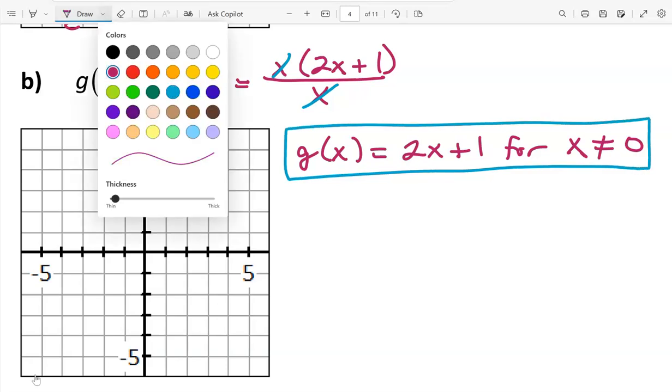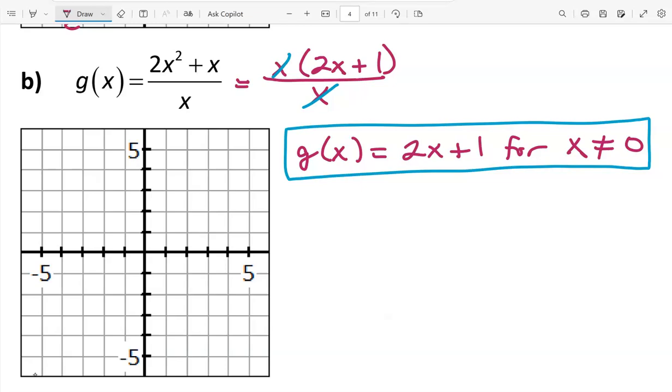So we're just going to graph the linear function with a y-intercept of 1 and a slope of 2. But I'm going to go back to my graph, and I'm going to take out the point where x is equal to 0 and instead insert a hole. So this graph will actually have no y-intercept.